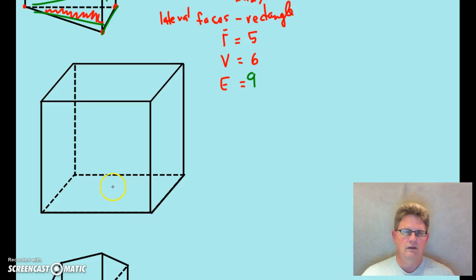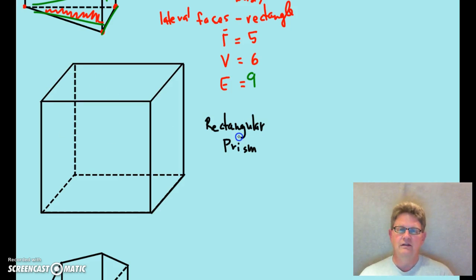Let's go ahead and look at our next prism. Because it has a rectangle on the bottom, it's called a rectangular prism. And I can't really tell right now if it's a square prism, and if it was a square prism, or if all the faces were the same size, of course, this rectangular prism would become a cube. A cube is kind of like what a square is to a rectangle.